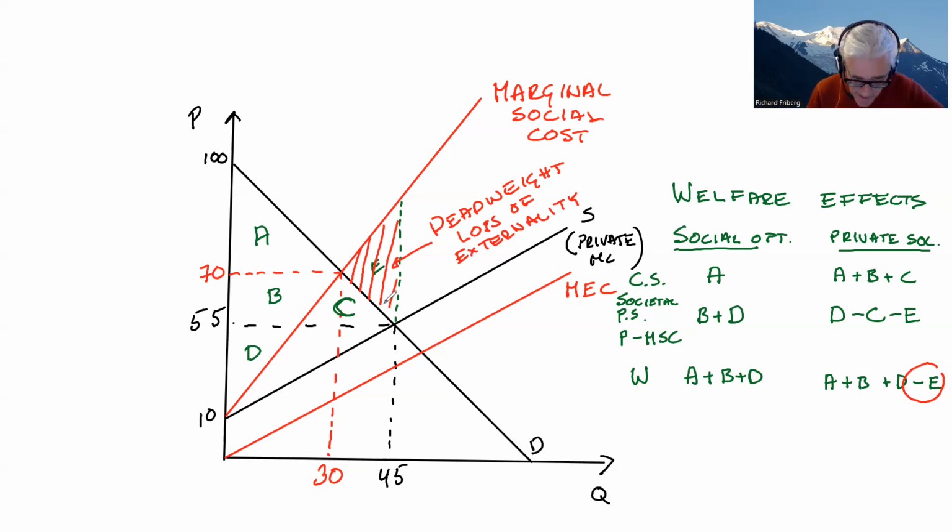We're producing units here where the willingness to pay as given by the demand curve is given by the demand curve, whereas the cost to society is given by the marginal social cost. So here we're adding units to production that are costing more than what they give in terms of benefits. Too much is produced, and we can quantify that via a deadweight loss.